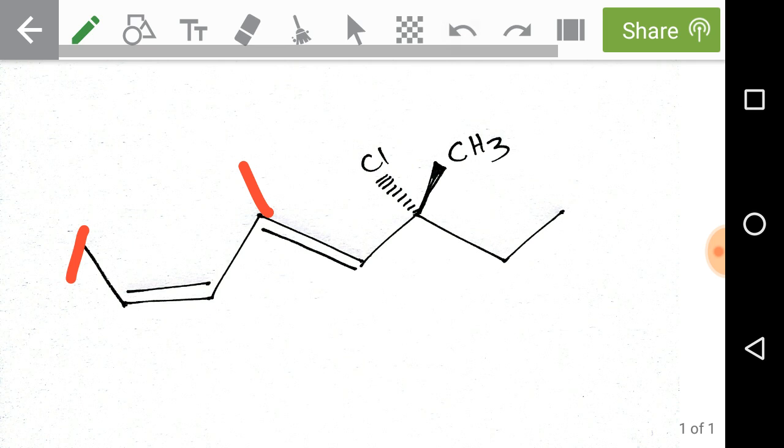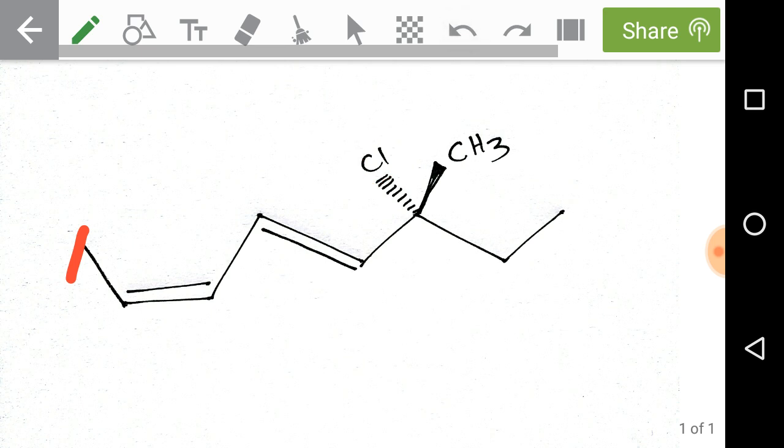Now we go to the 6th carbon, where another stereochemical nomenclature is present. Here we need the R/S nomenclature. Give the priorities of the groups on this chiral carbon. We have carbon, chlorine, and carbon. First priority goes to chlorine because it has the highest atomic number.